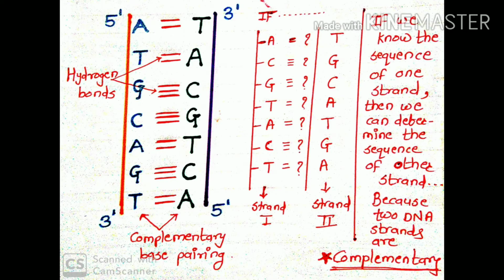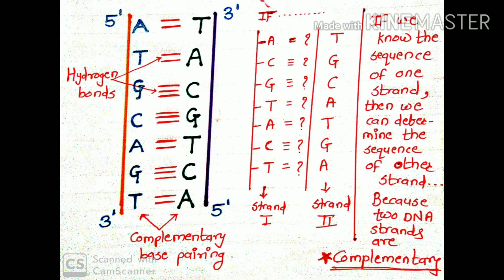This pairing of DNA is known as complementary base pairing because A always pairs with T and G always pairs with C. Therefore, if we have the base sequence of one DNA strand, then we can easily draw the base sequence of the opposite DNA strand due to the complementary base pairing. This you can observe in this figure.